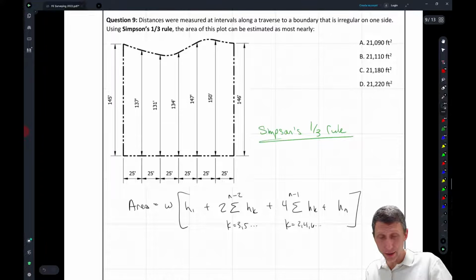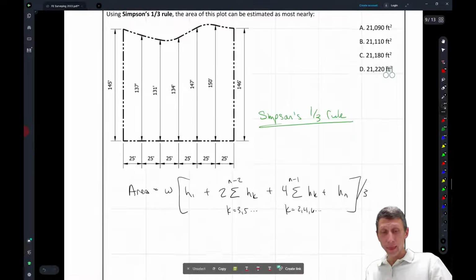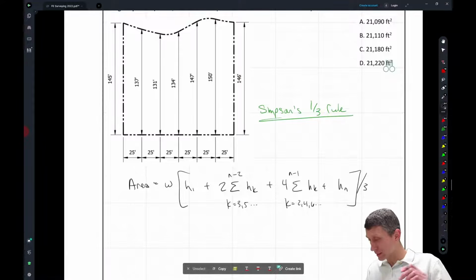And you divide all that by 3, to get the 1/3 in there. Again, the biggest question here is, what are the values?